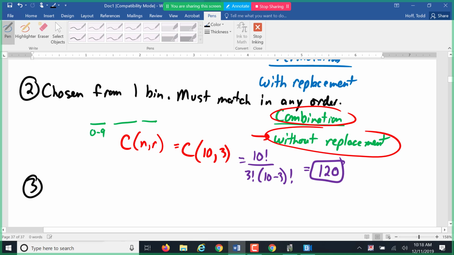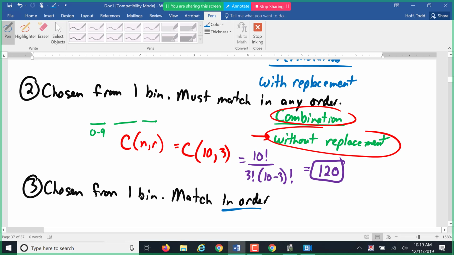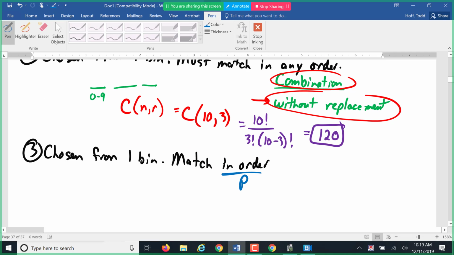Third, they're chosen from one bin again. Again, we're going to match in order. So once again, matching in order tells us this is a permutation. Chosen from one bin, so once we choose a number from it, it's no longer in the bin. This is without replacement.